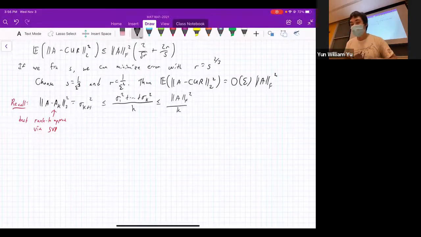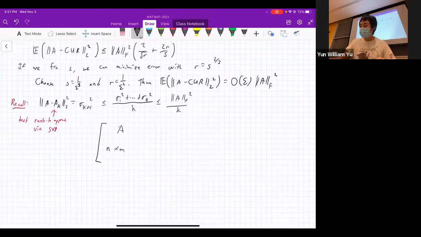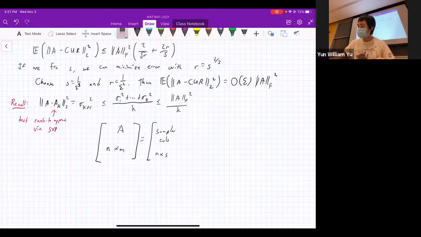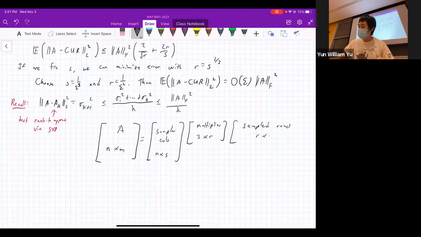And I am not going to have time to even give you a flavor of the proof, am I? Well, let's keep on going and see how far I get. So the basic idea here is that we have some matrix A, which is n by m, and that's going to be equal to some set of sampled columns, n by s, times some multiplier matrix, which is s by r, times sampled rows, r by m, and these are our C, U, and R matrices.